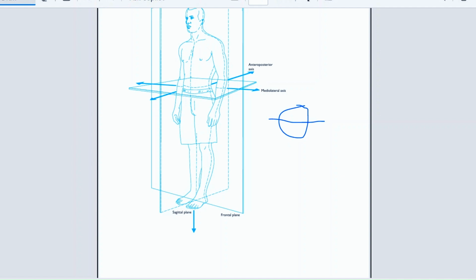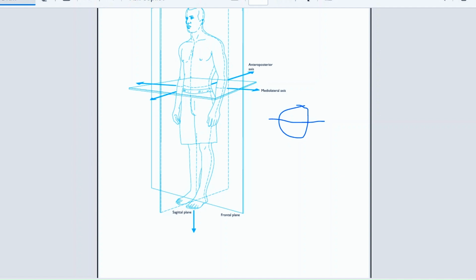Now, in the medial lateral axis, forward and backward motion occurs. This is the axis of the sagittal plane. Majorly forward and backward motion, like, as we have discussed, squats: the body moves up and down around the medial lateral axis. If you perform a squat, your body rotates around which axis? The medial lateral axis.